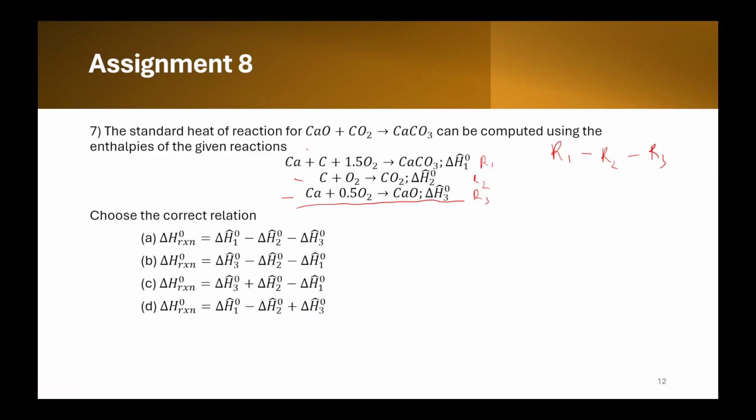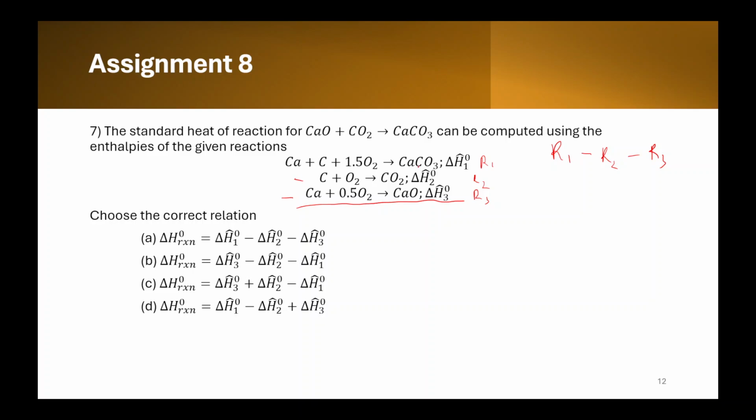So Ca minus Ca gets cancelled, C minus C gets cancelled. 1.5 O2 minus O2 is 0.5 O2, 0.5 O2 minus 0.5 O2 is 0.